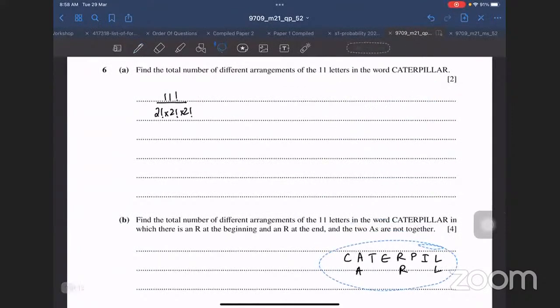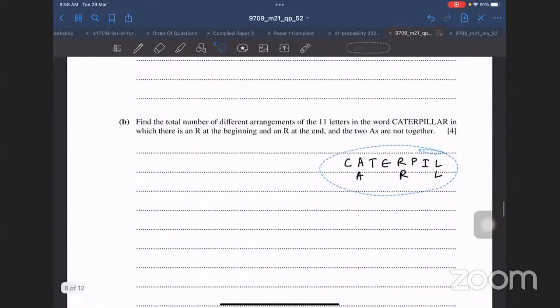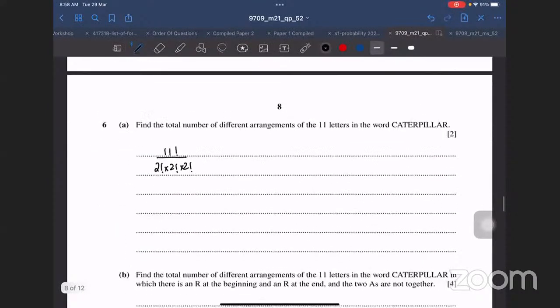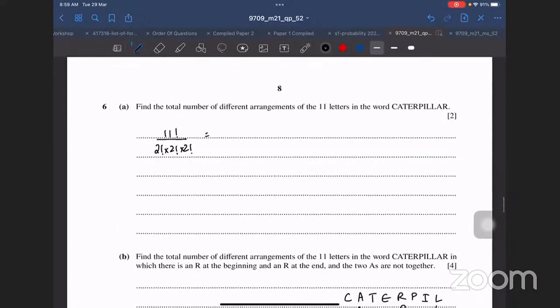Okay. Then it says, let me just calculate that. What do I get? 4989600.